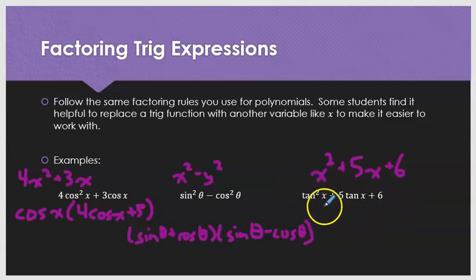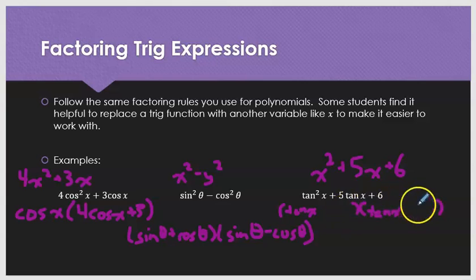So we know that when we're performing our factoring steps that we end up with 2 binomials. And the first terms in each binomial also multiply together to give me tangent squared. So in this case, it would have to be tangent and tangent. And don't forget to include the variable as well. It's tangent of x in this case.